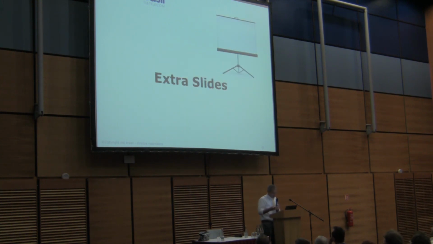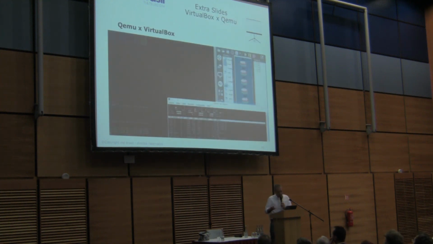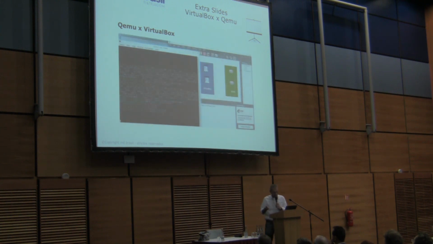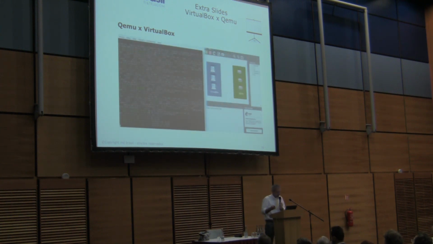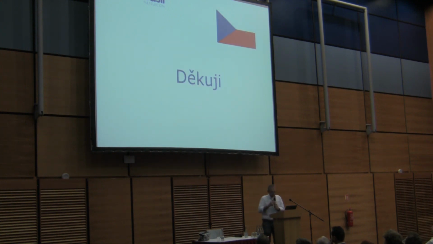At the end, I appended some slides with research comparing QEMU and VirtualBox and why we decided on Quick Emulator instead of VirtualBox. And that's it. I thank you for your patience and attention, and you can ask me questions backstage. Okay, thank you.